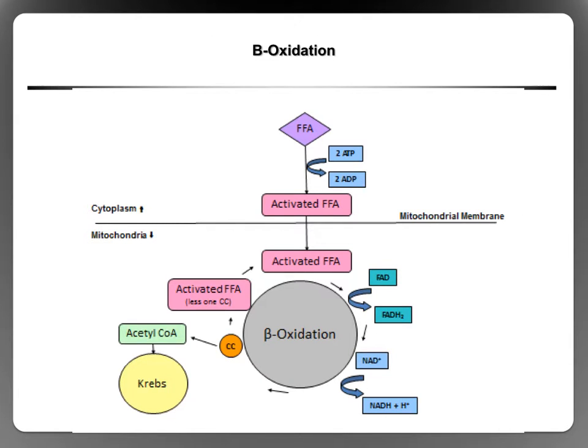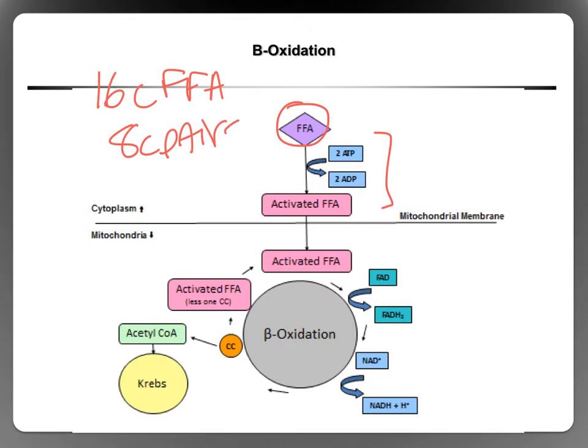Alright, so when we go through fat oxidation, we start with an FFA, which goes through the activation step. And remember, we've got a 16 carbon FFA, so we've got 8 carbon pairs, and we have 7 bonds.